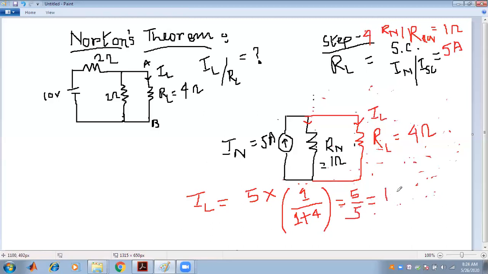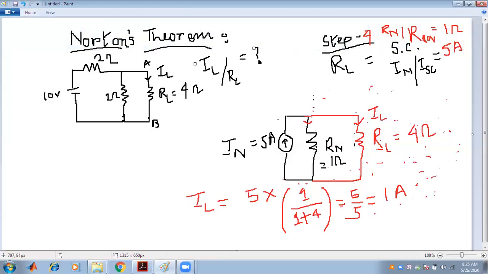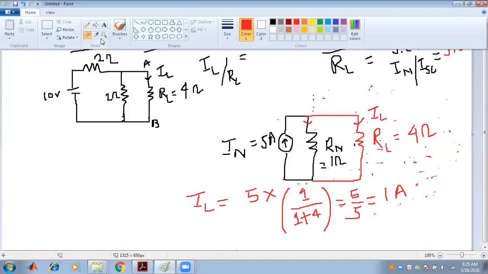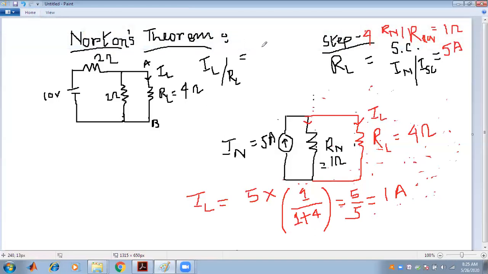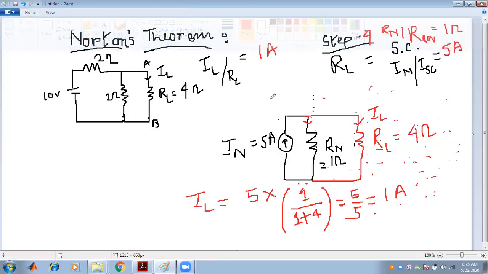So with the help of Norton's theorem, we have found that the current through the RL, or the IL, will be 1 ampere. The current that is flowing through the RL will be 1 ampere with the help of Norton's theorem.